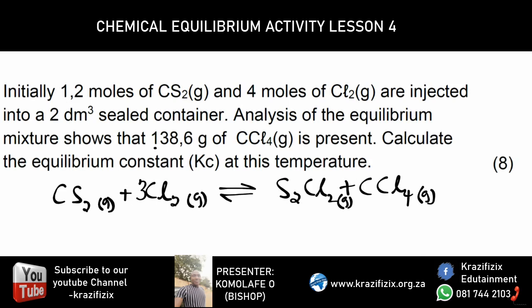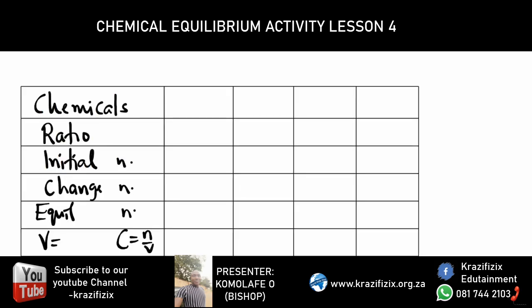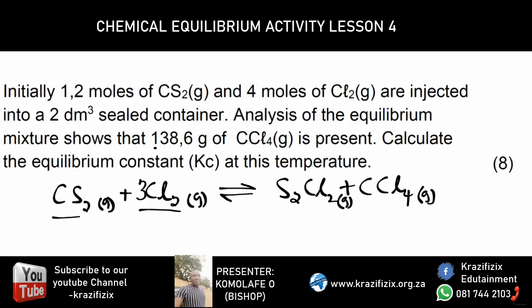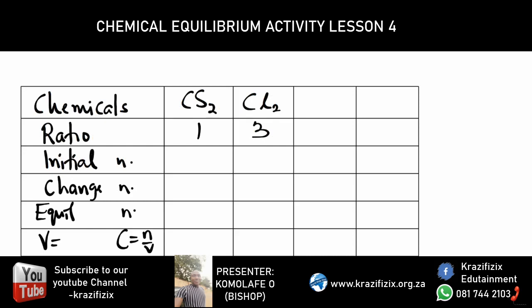Okay, let's start from CS2, 3Cl2. So we have CS2, we have Cl2, and this is 1, this is 3. I'm sure you know where the numbers are popping out from. And then we have S2Cl2 and CCl4, which is 1 mole, 1 mole.